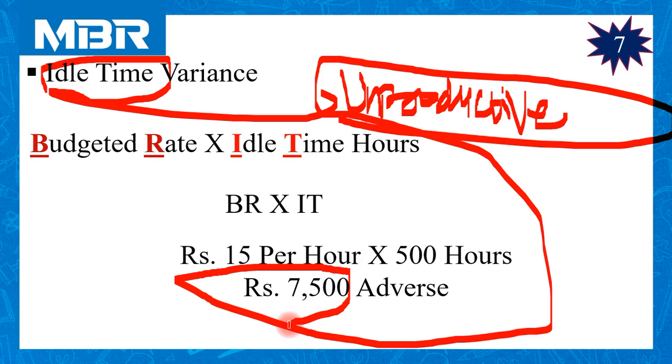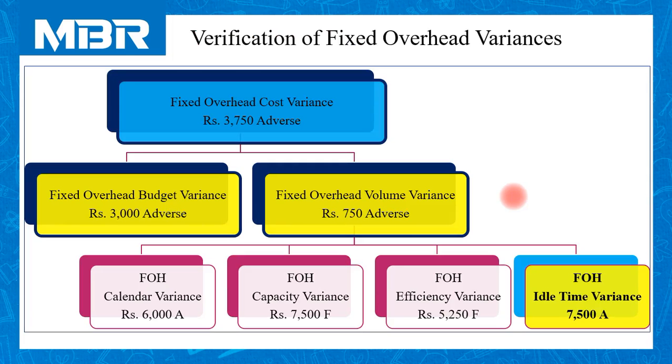When it is related to unproductive time, it means your resources are wasted, and as resources are wasted, this is adverse. Always remember, IT variance is always adverse. Always adverse. Now, simply verify all the calculations through the comparative chart.